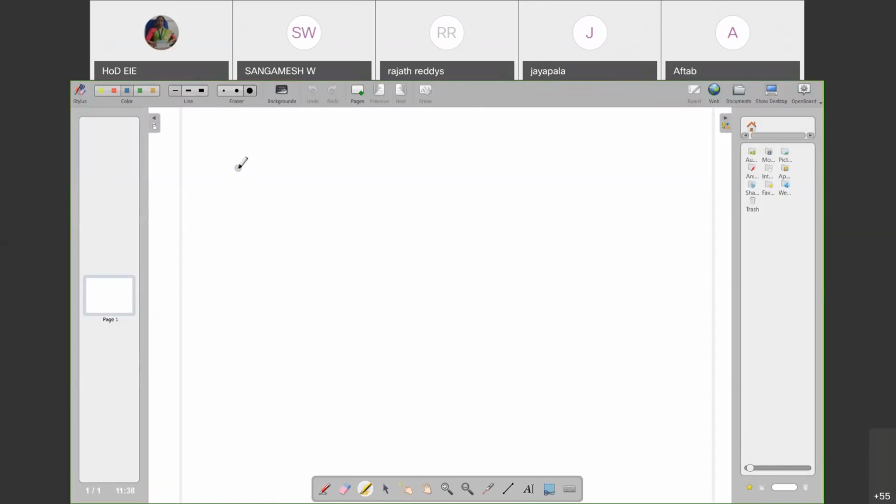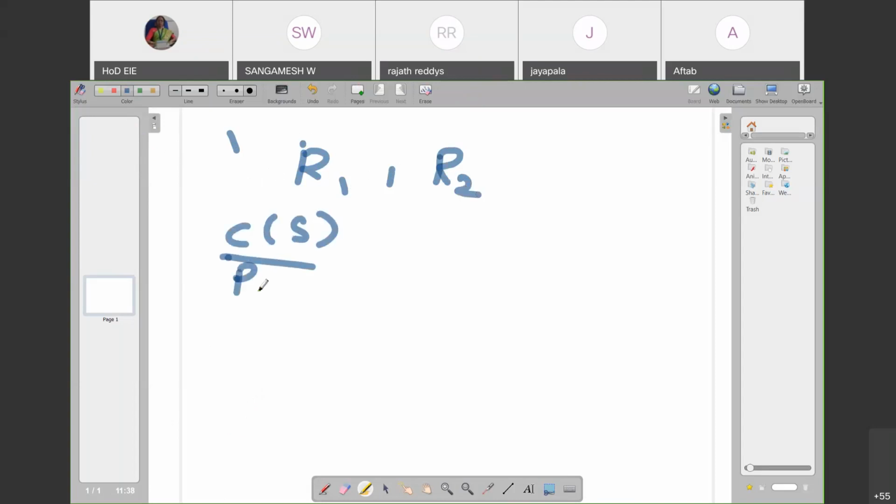Please come back to the problem with the R2. I gave you a problem with R1 and R2 as input, correct? And then in yesterday's class, we found out C by R1.